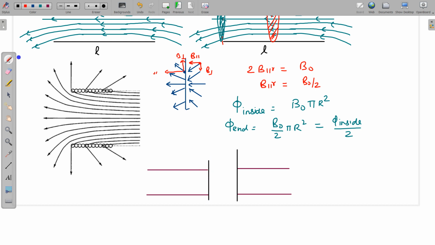And again I am showing how the current is flowing. This is suppose a loop, and in this loop current is flowing like this. If current is flowing like this, then magnetic field will be somewhat like this, and again in this also the magnetic field will be somewhat like this.